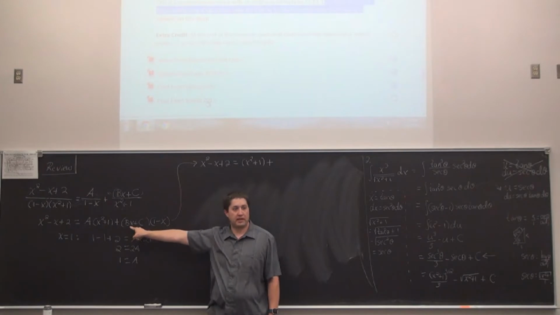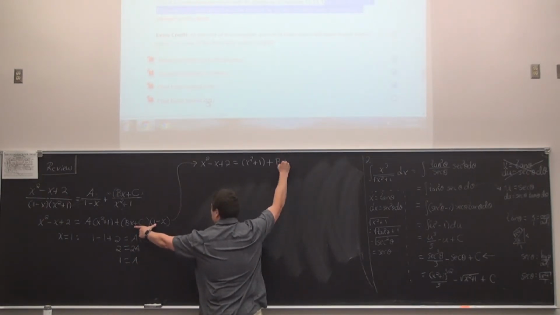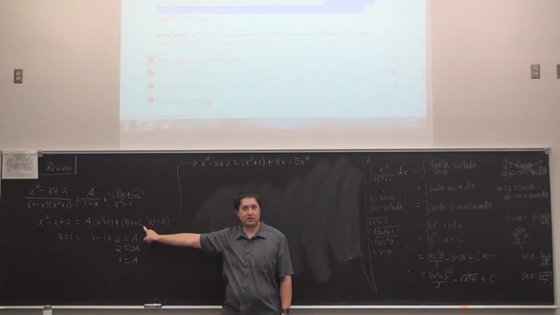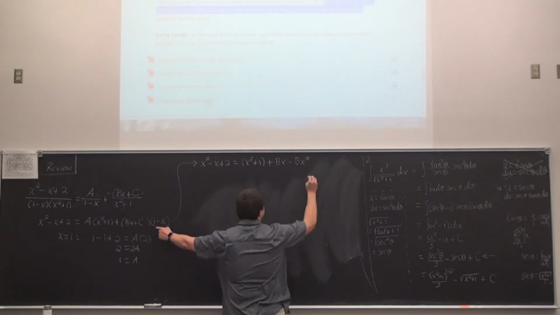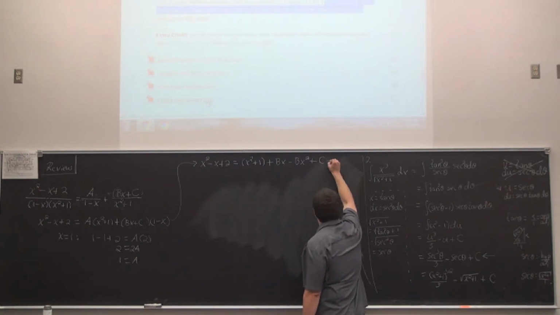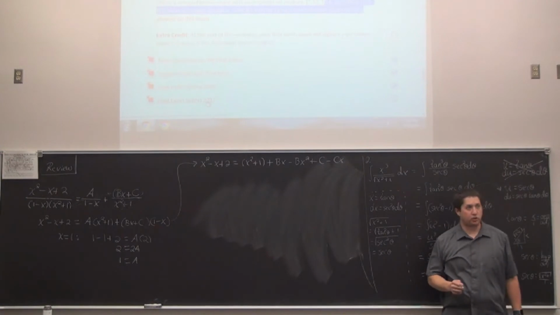Here we're just going to multiply all this out. So it'll be Bx times 1, Bx times negative x is negative Bx squared. Then distribute C through that same group, and we'll get C times 1, so plus C times negative x is minus Cx. And that's our brand new equation.